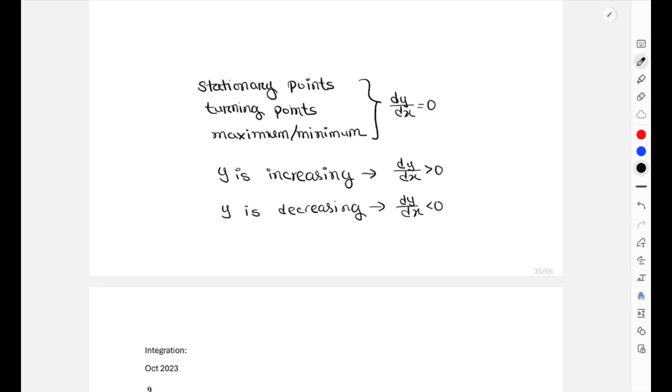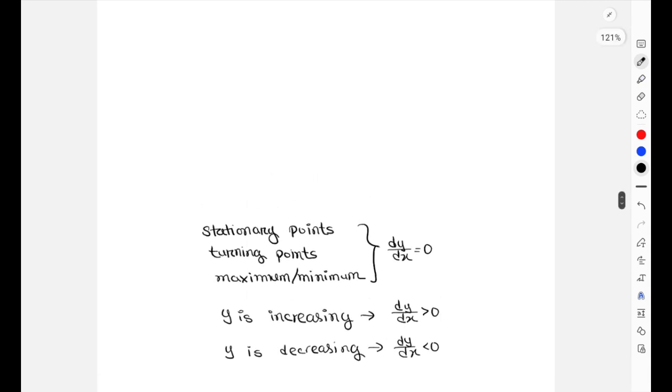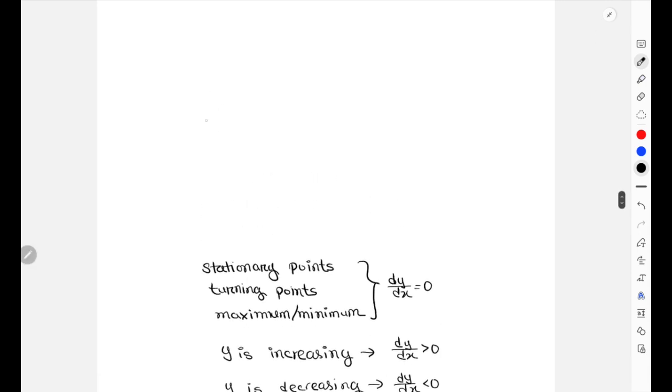Another thing to understand, even though it is not just integration, is also part of differentiation. If they want you to find the nature of a turning point, this is how you calculate it. The original equation is y equals the equation, and then you have dy by dx.